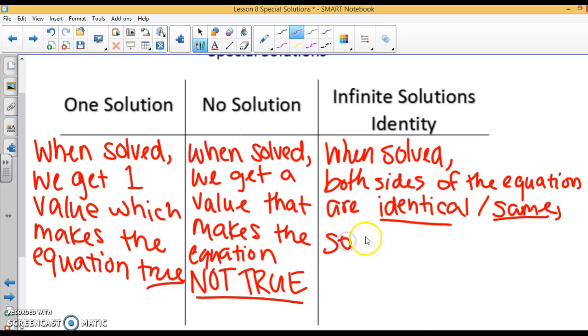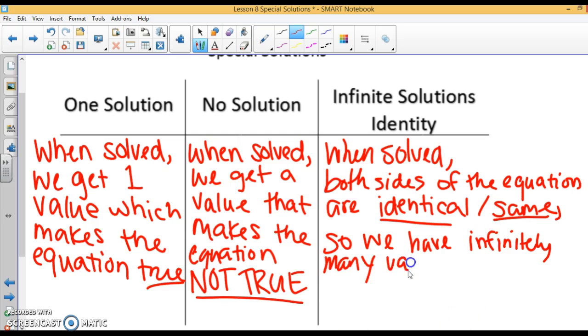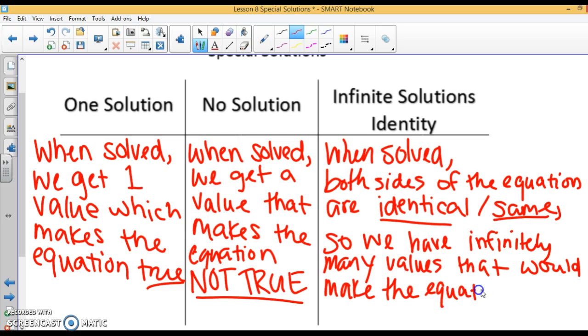So we have infinitely many values that would make the equation true. So, in that last example below, we got 10x plus 12 equals 10x plus 12.